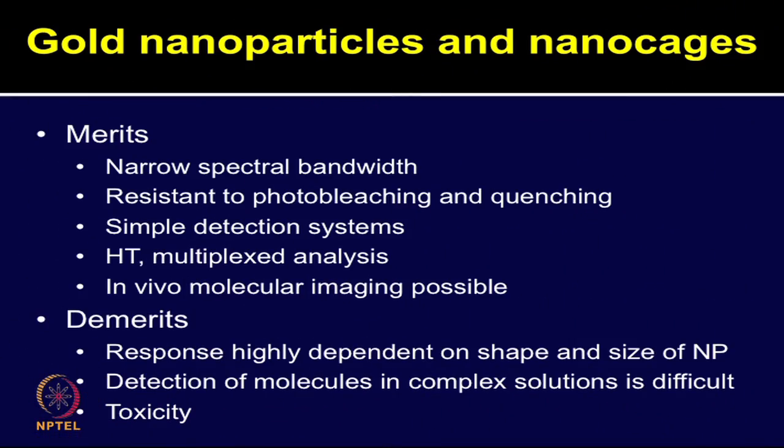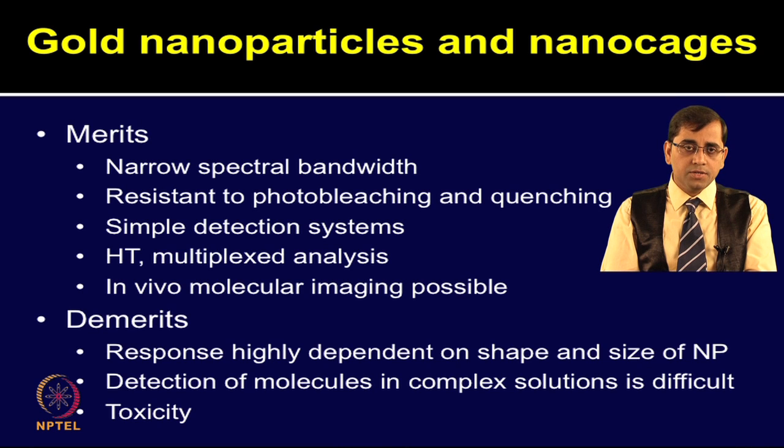There are various merits and demerits of using gold nanoparticles and nanocages. The merits include its narrow spectral bandwidth, resistance to photobleaching and quenching, simple detection system, and high throughput and multiplexing capabilities. Additionally, the bioconjugated gold nanocages can act as molecular probe to target the desired cell, which is in vivo molecular imaging.